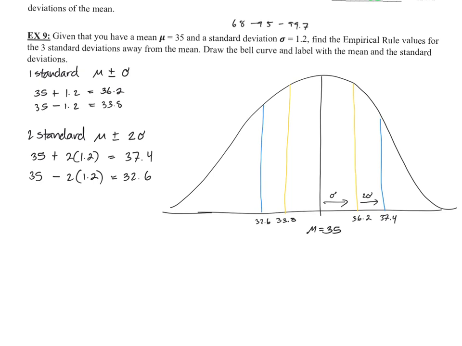All right, let's go ahead and find the last one, 3 standard deviations away. That's going to be mu plus or minus 3 times sigma. So we have 35 plus 3 times 1.2, and then 35 minus 3 times 1.2. Okay, go ahead, pause the video, calculate those out, and check back in with me in a second.